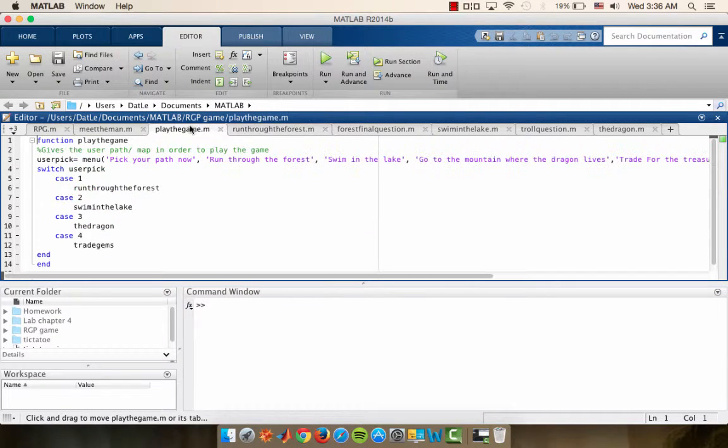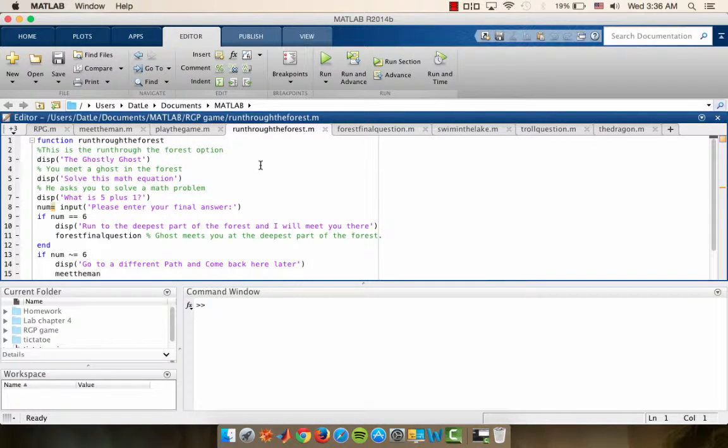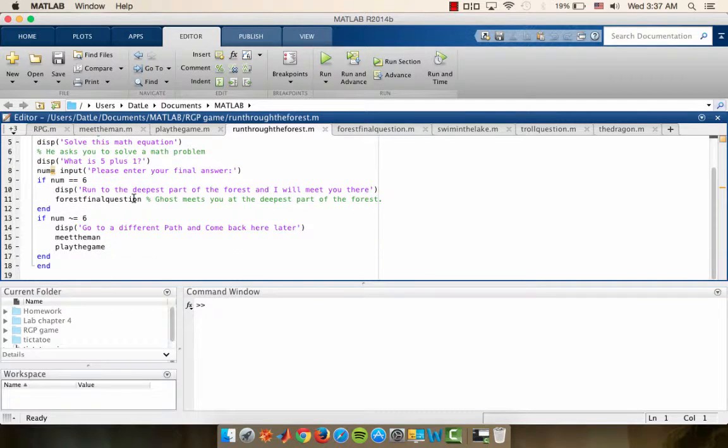Alright, for Run Through the Forest, a question is asked, and we use an input statement to collect the player's response. If the answer is correct, it will ask you another question, and if you answer that correctly, you will receive a gem.